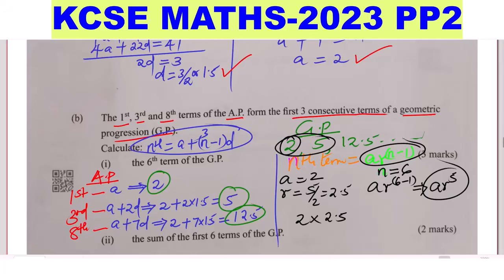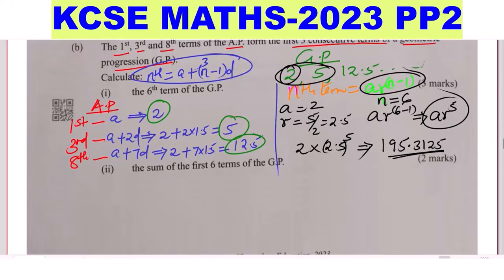Then raised power 5. As simple as that. And when you do that, this one will give 195.3125. So that is the 6th term of the GP.